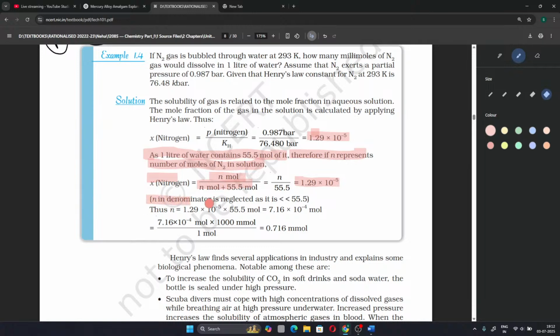Basically, they are saying that they neglected N because it is a very, very small value, and because of neglecting the N mole in the denominator, we will get N by 55.5, which is equal to the solubility here, or the mole fraction. Then when we get the N value, it should be 0.76 into 10 power minus 3 mole, or 0.76 millimole.